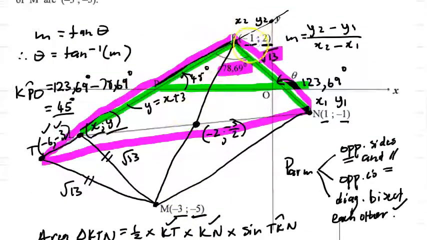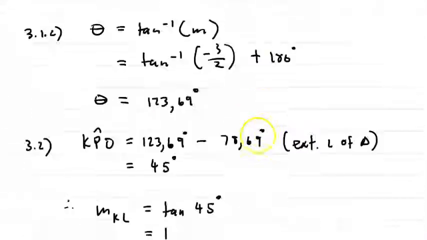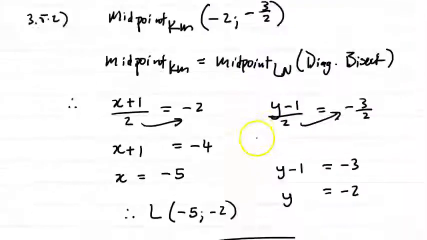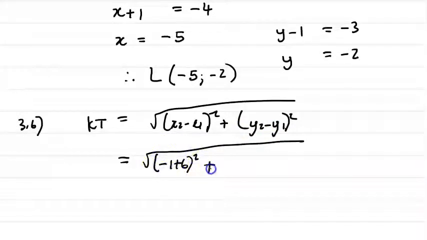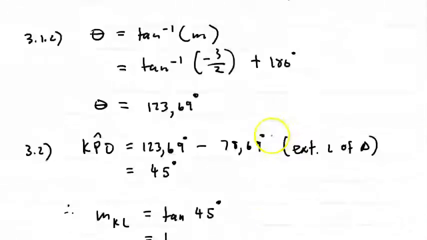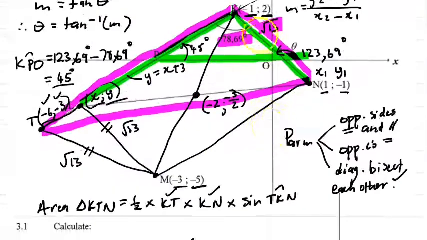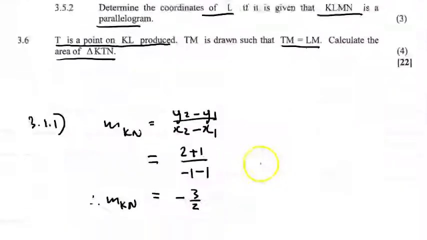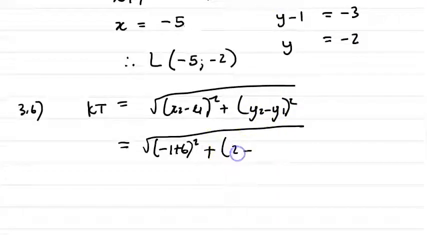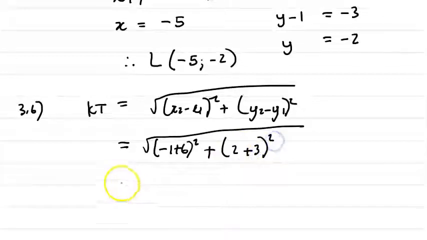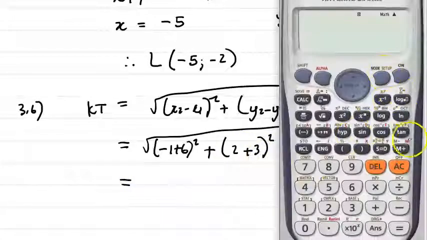let's look at that. So that'll be minus 1 minus minus 6, so minus 1 plus 6, all squared, plus y2 minus y1. Let's go look at that quickly. So that'll be 2 minus minus 3, which will be 2 plus 3 all squared. Let's just put that in our calculator.